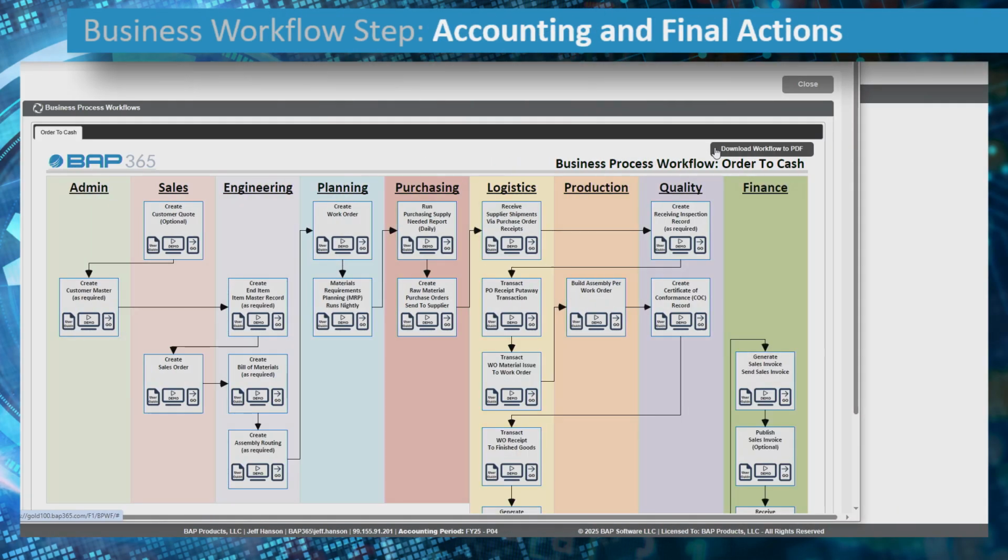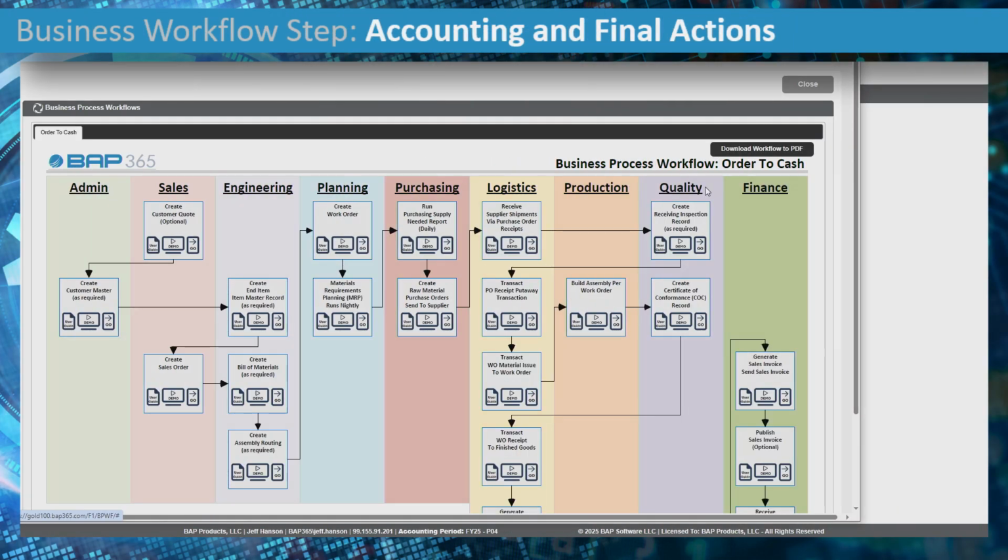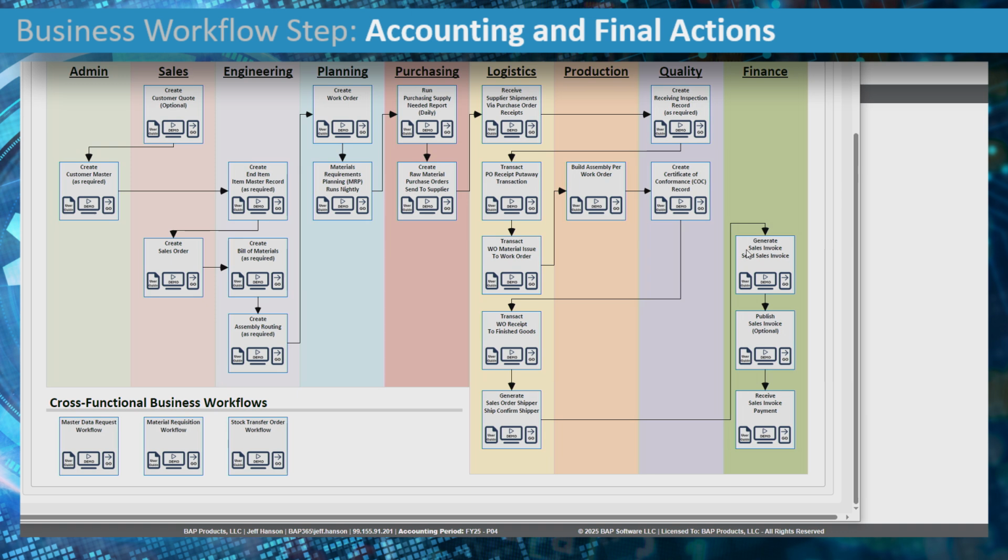Now continuing on in our order to cash business workflow, the next step after sales invoice would be to publish your invoice, which is an optional step. Publishing is if you are integrated with QuickBooks Online or any accounting software, if we help you to integrate those, you could publish this invoice back to your accounting system so that you can receive payment once payment comes in against that invoice.